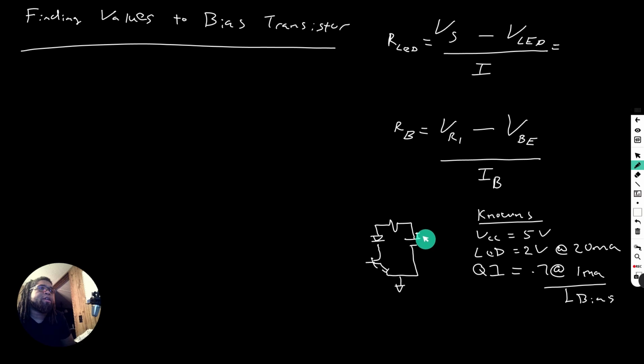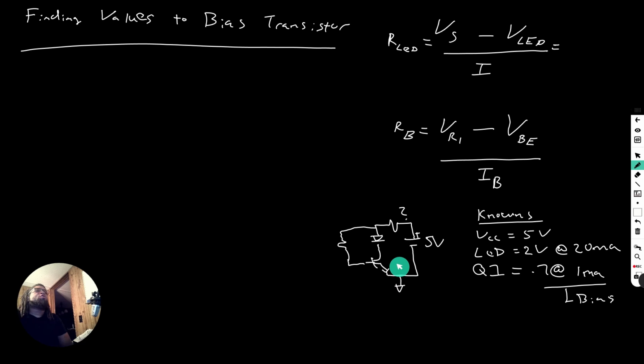So this is our circuit, this is our 5 volts here, this is our resistor. We want to know what our resistor value is here, and then we want to know what resistor value we need here as well to bias this base so this junction will turn on.